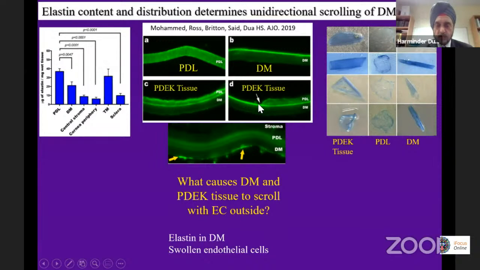And just to show you, if you take away half the PDL from the PDEC tissue, the Descemet's membrane has that dense band and the PDL has elastin all across. If you take a whole cornea and make a section, again you see the same: the Descemet's membrane band, an interfacial matrix, which is a dark line, and then that dense staining of the entire thickness of the Pre-Descemet layer in the posterior cornea.